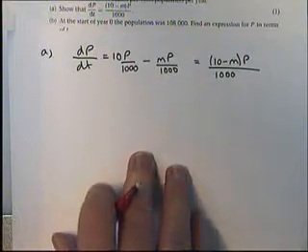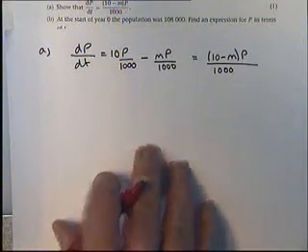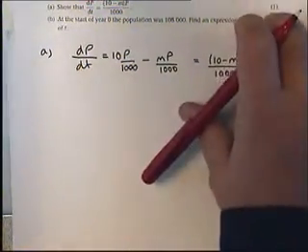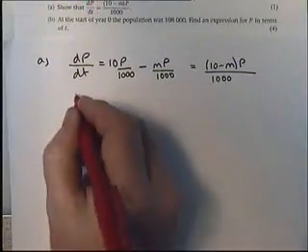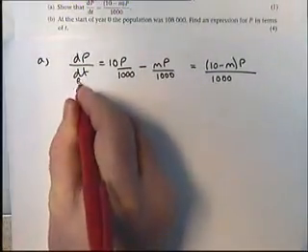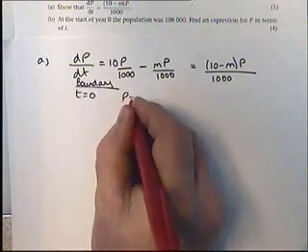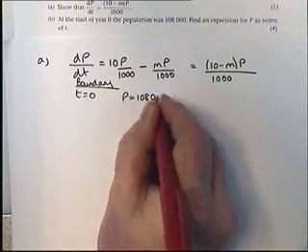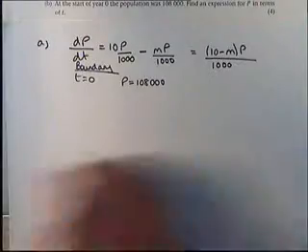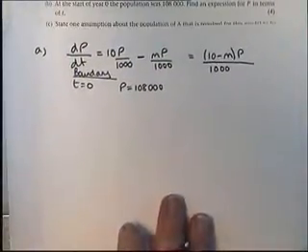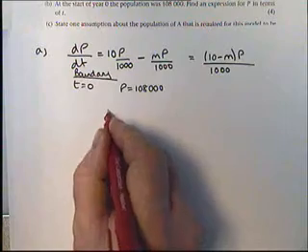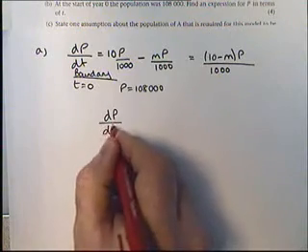Now at the start of the year, the population was 108,000. So we've got the boundary condition that when t equals 0, P equals 108,000. So basically what we're doing is we're solving that differential equation, and this is where a number of mistakes can crop in.